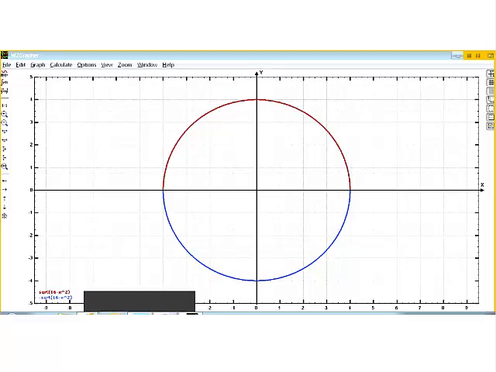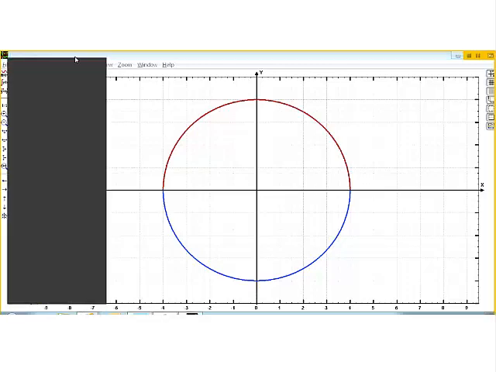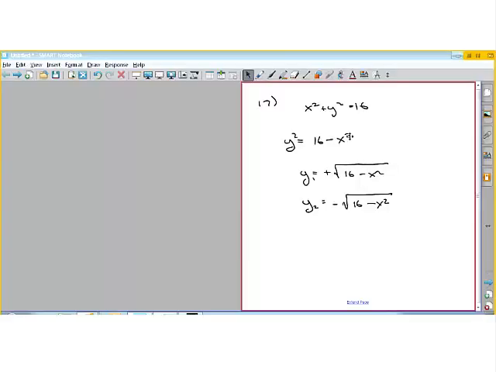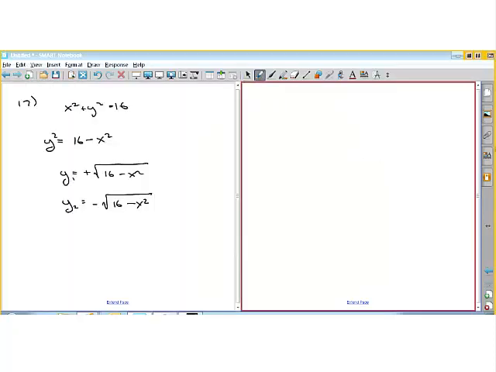Let's go back. For the third part, they're asking us to differentiate the explicit functions, so we're going to use the chain rule. Let f of x be the positive square root.